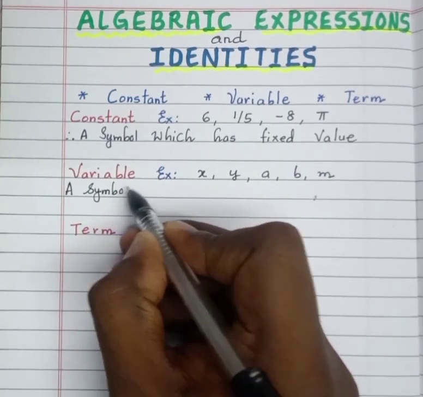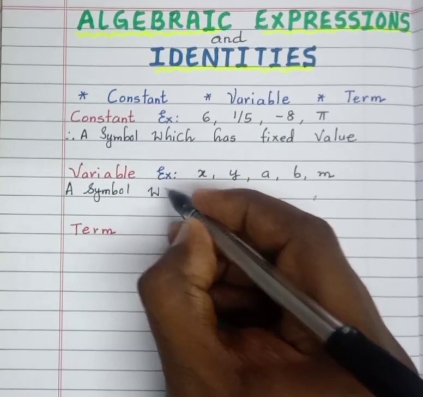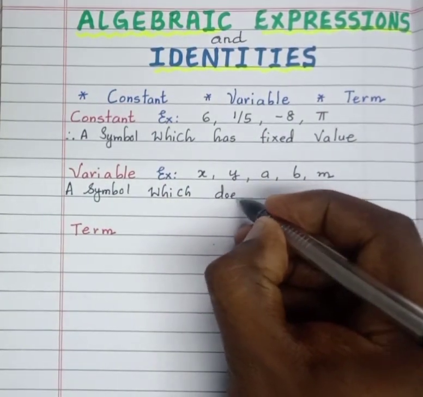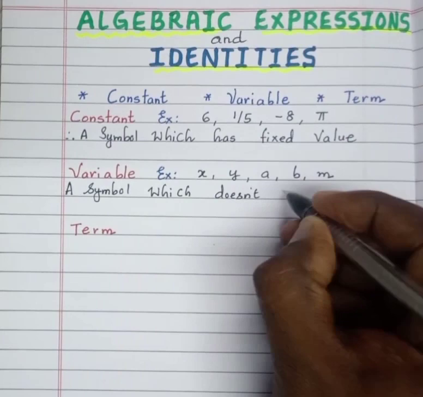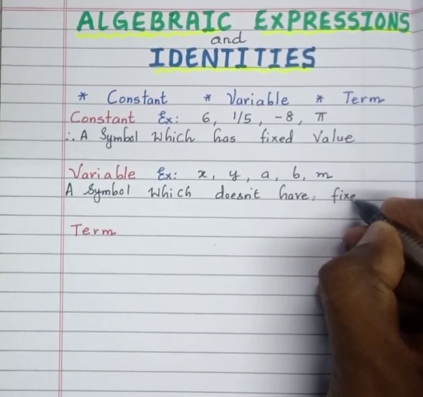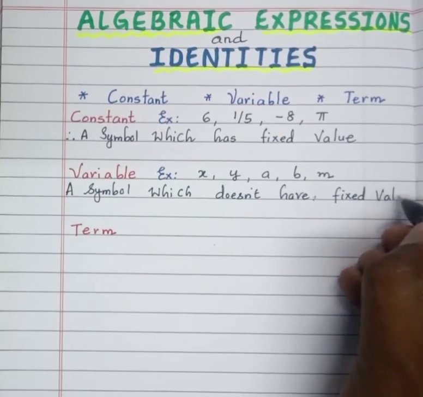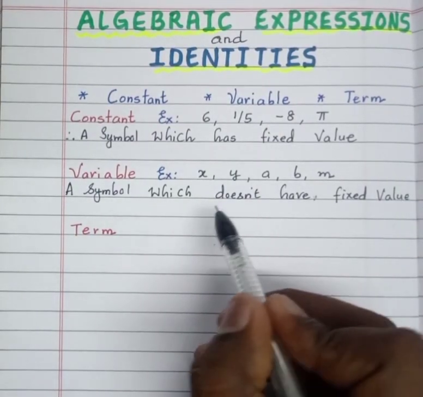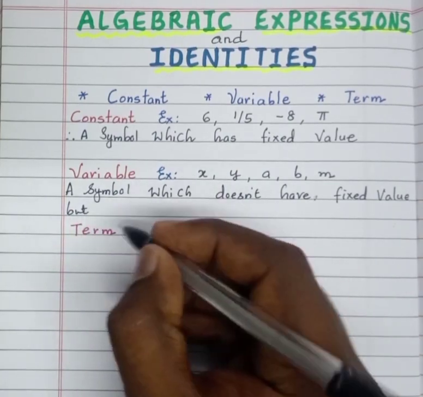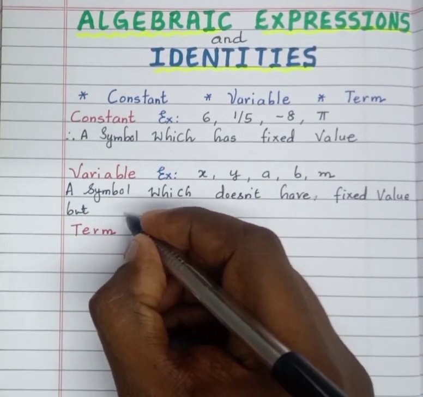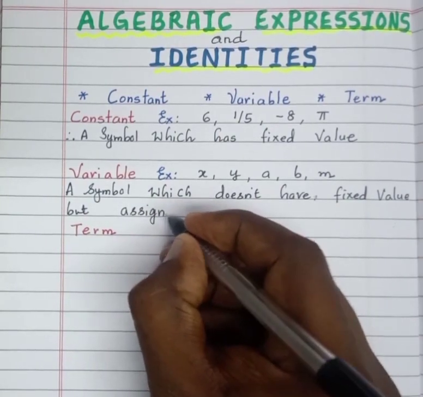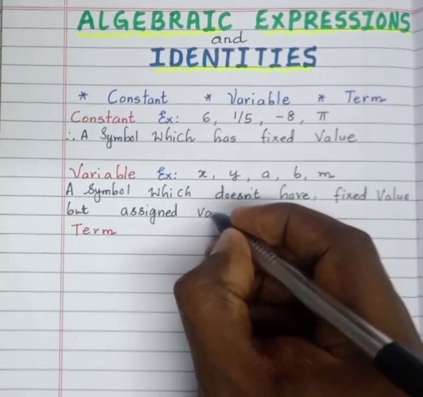Now what do you mean by variable? A symbol which does not have a fixed value. Variable is one which does not have a fixed value, but a value can be assigned based on the requirement. A symbol which does not have a fixed value is called a variable, but it can be assigned any value depending on the requirement.